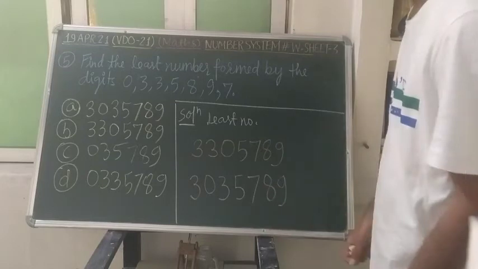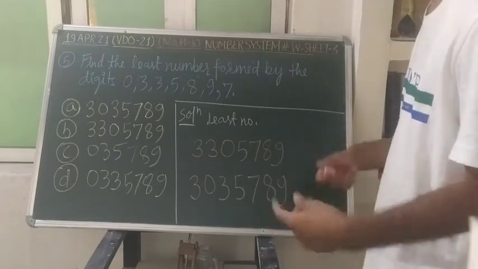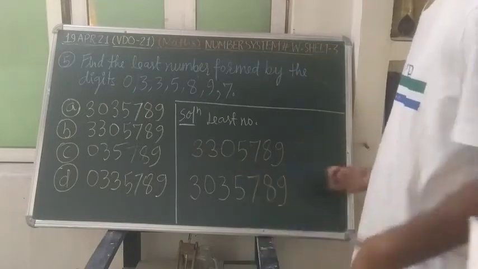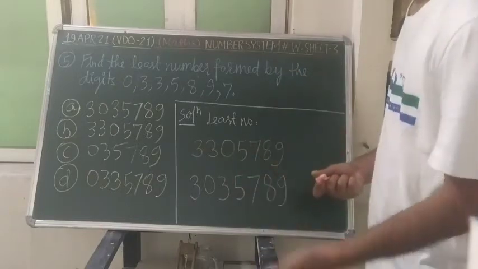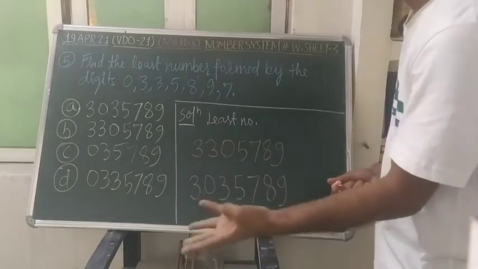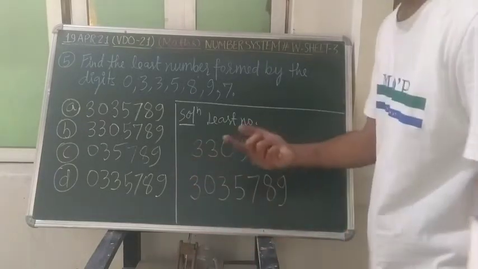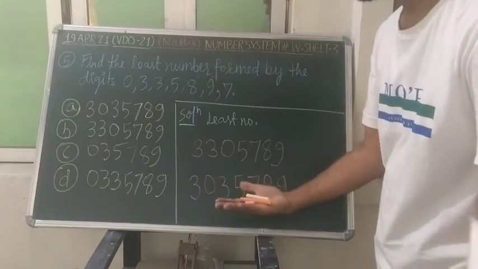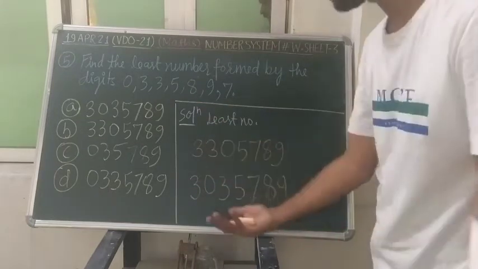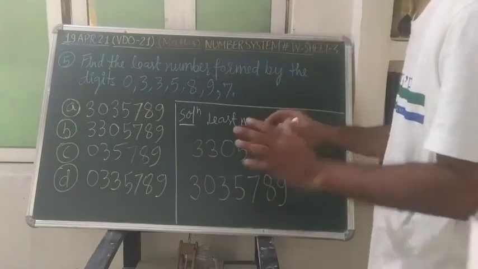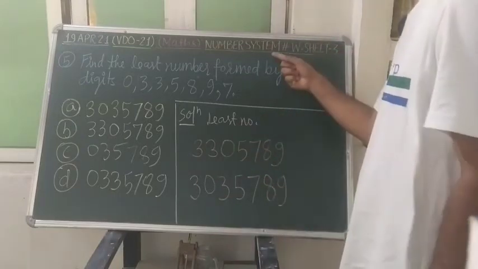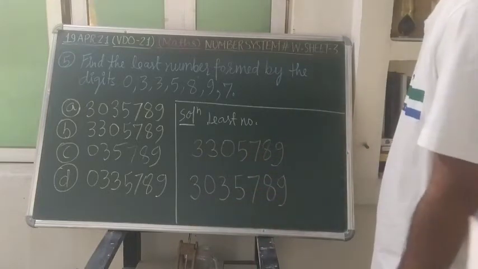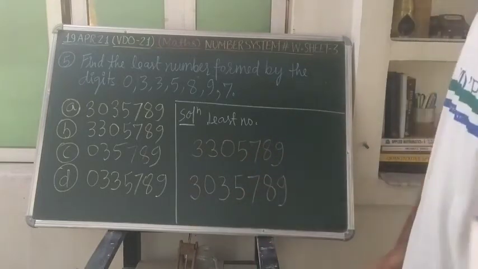Because the number of digits present in our number system is only 10, and those digits are 0, 1, 2, 3, 4, 5, 6, 7, 8, 9. Only 10 digits are present in our number system from which we can form the number. Okay? So you keep these things in your mind.